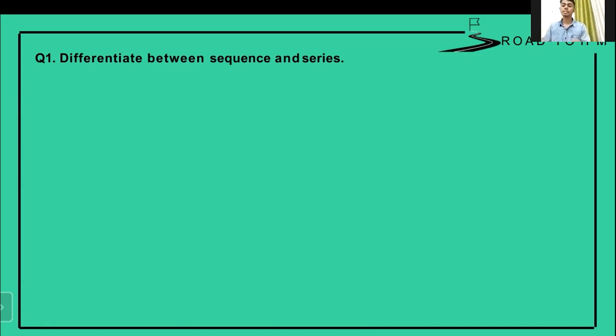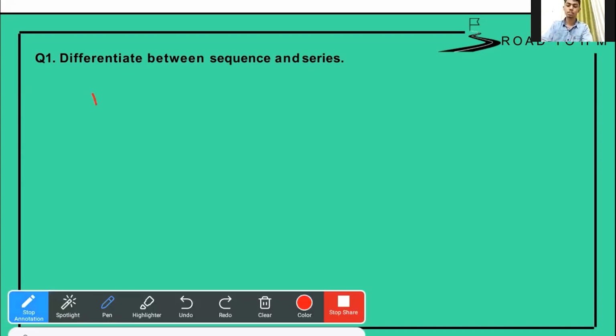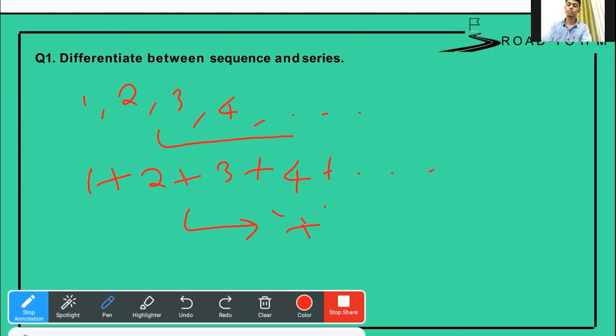Difference between sequence and series, easy. I'll give you the simplest explanation possible. 1, 2, 3, 4. 1 plus 2 plus 3 plus 4. What's the difference here? Here we're using the symbol plus. Here we're using the symbol comma.